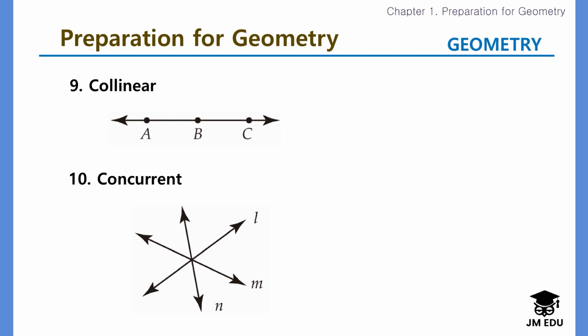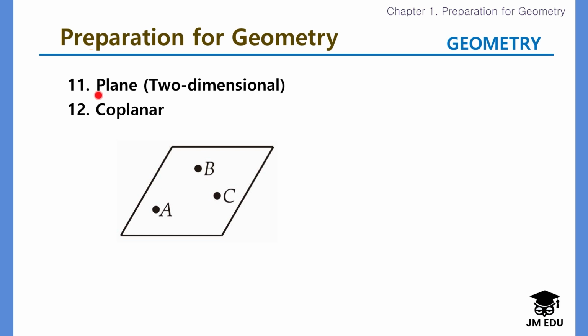Concurrent means if 3 or more lines all pass through the same point, if they all have the same intersection, then we say these lines are concurrent. So for this case, we can say we have 3 concurrent lines L, M, and N.